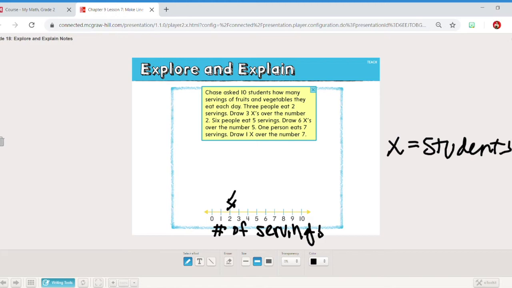So 3 students have 2 servings. 6 people eat 5 servings. So draw 6 X's over number 5. 1 person eats 7 servings. Draw 1 X over the number 7. And there you have it. Our line graph showing each X is how many students have how many servings of fruits and vegetables.